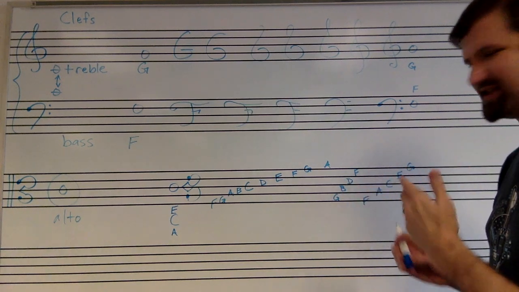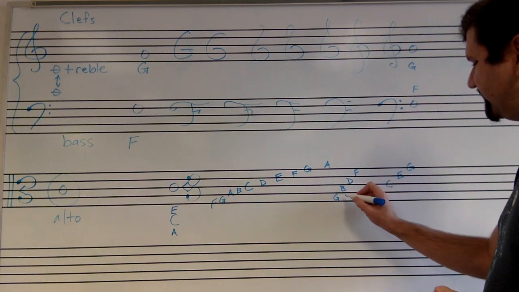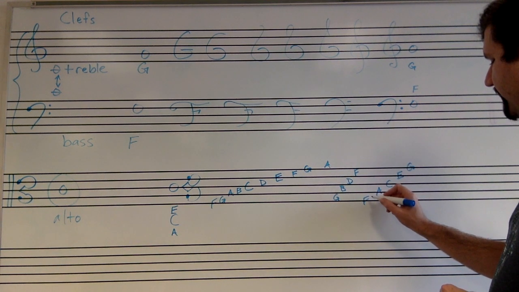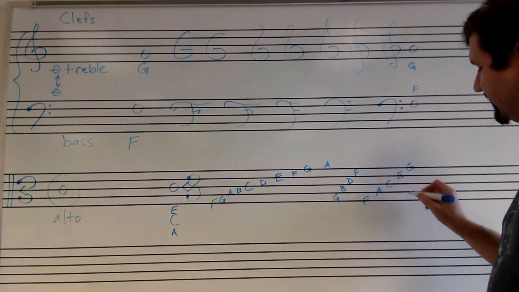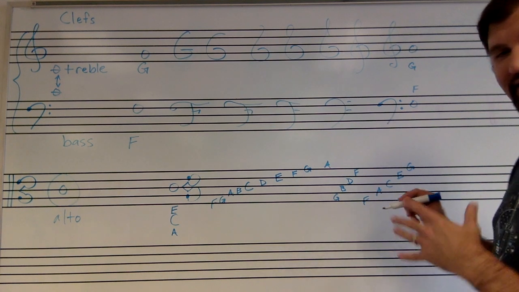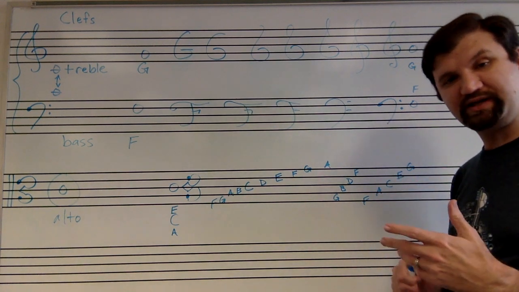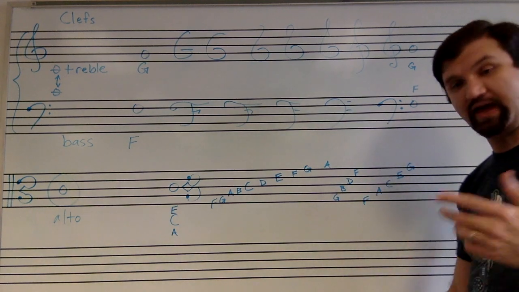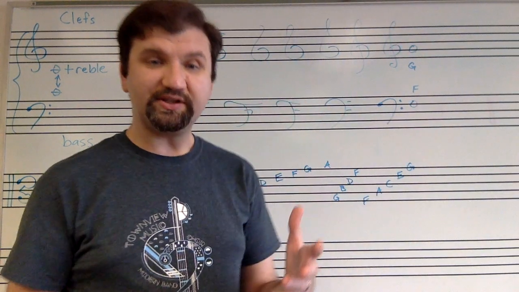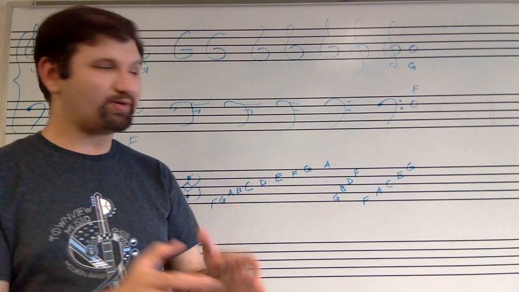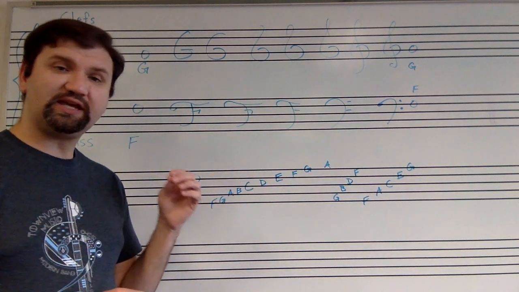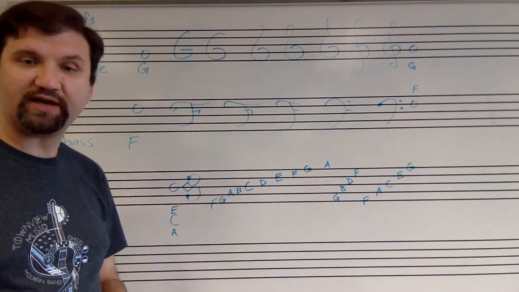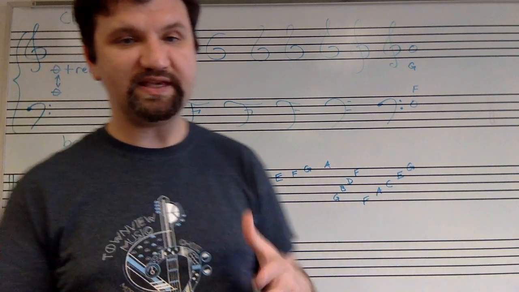The lines are spaces and the spaces are lines. But we've got good boys do fine or face G, whatever you want to think of that helps you remember these, just like we said with the other clefs, to work on the alto clef, then that will help you there. Alternatively, if you're not yet to the point where you can memorize this, just thinking in terms of counting every two letters, which is what you have to do with the other clefs, will help you get better with this one as well.